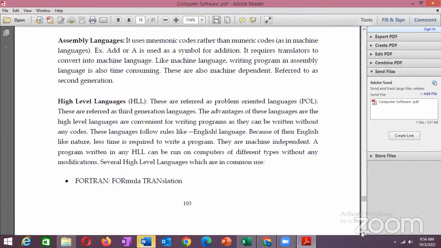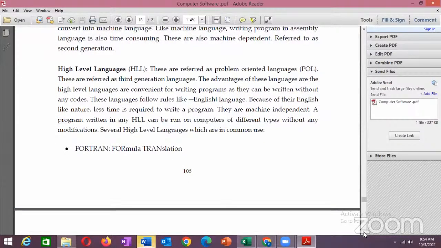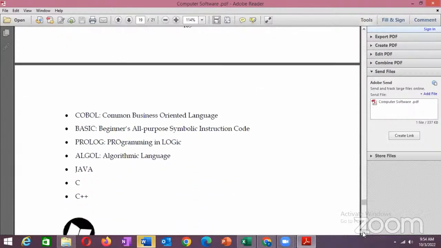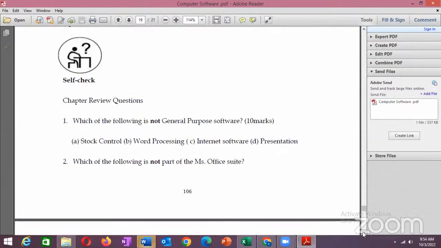But a weakness of the first 2 generations, that is machine and assembly language, is that you can't copy a program from one computer to another and still run it, because they are machine dependent. As you discuss this, also look at the advantages and disadvantages of each generation of programming languages. You'll have to look at that in detail.